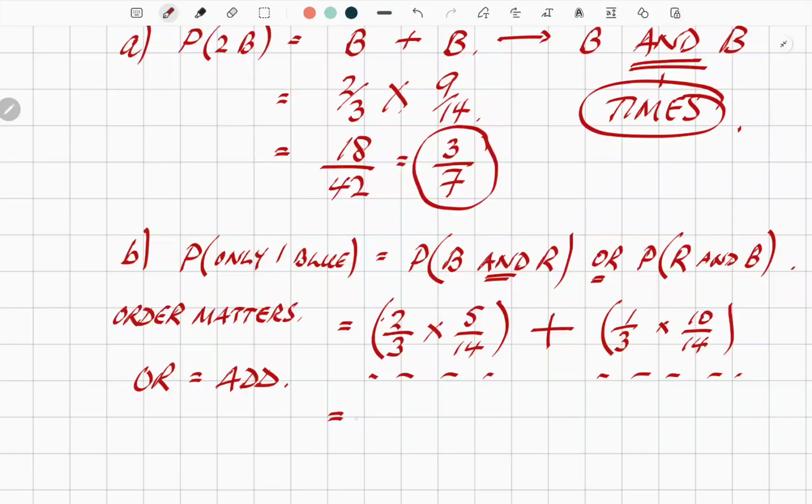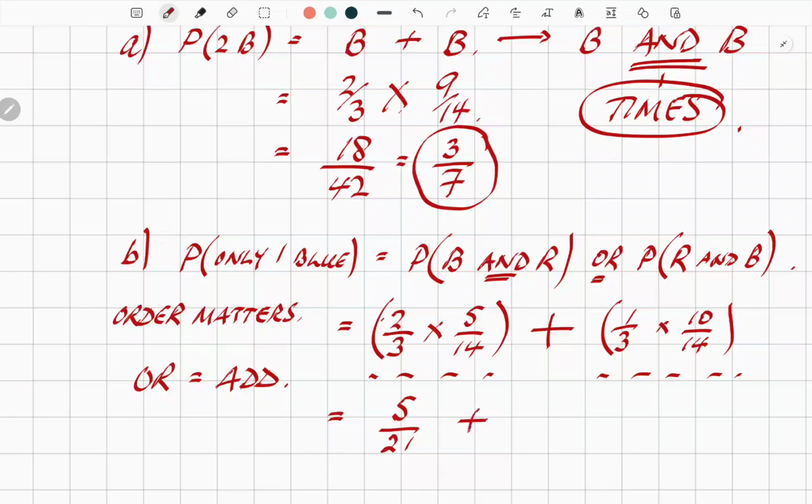So just calculating that out now. What have we got? 7, 3, 5 over 21, I think. That would be 10 over 21. Which one? This one. Oh, you simplified it. Yeah, sorry, I did it in one step. So 10 over 42 is 5 over 21.